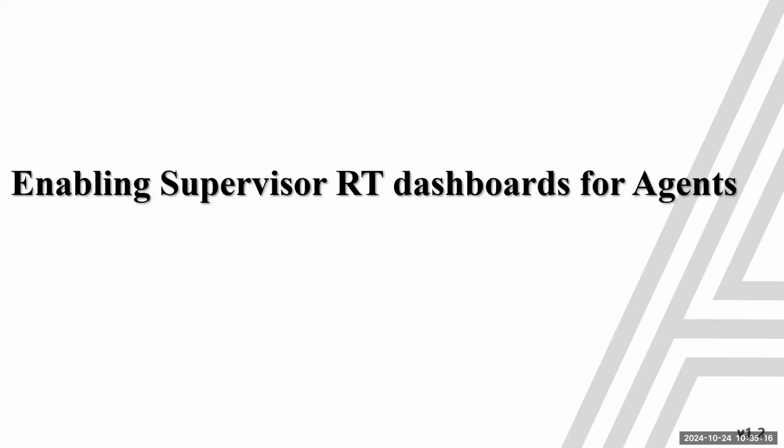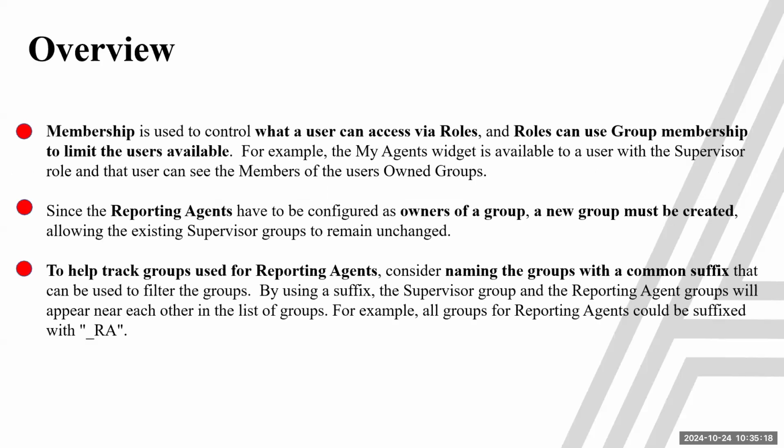real-time reports. In order to start, we're going to talk about how that agent is going to be able to access that information. And basically that is going to be done through roles. Okay, so you know that whenever you create an agent, the agent is just going to have the agent profile assigned, the agent role assigned.